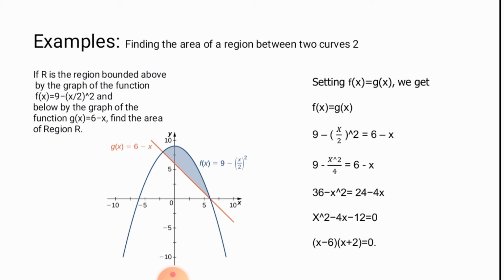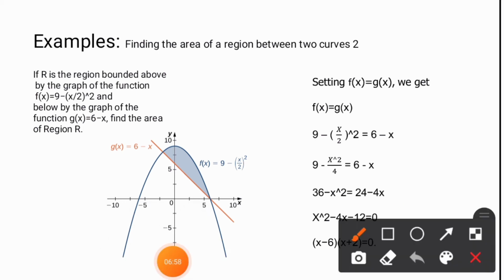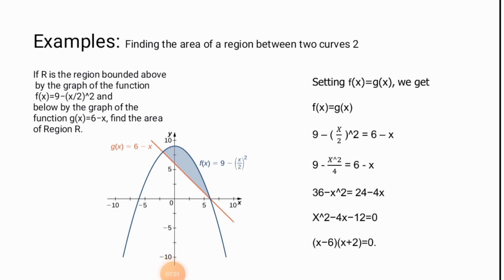Then we come up with 36 minus x squared equals 24 minus 4x. Then x squared minus 4x minus 12, which is 36 minus 24, equals 0.